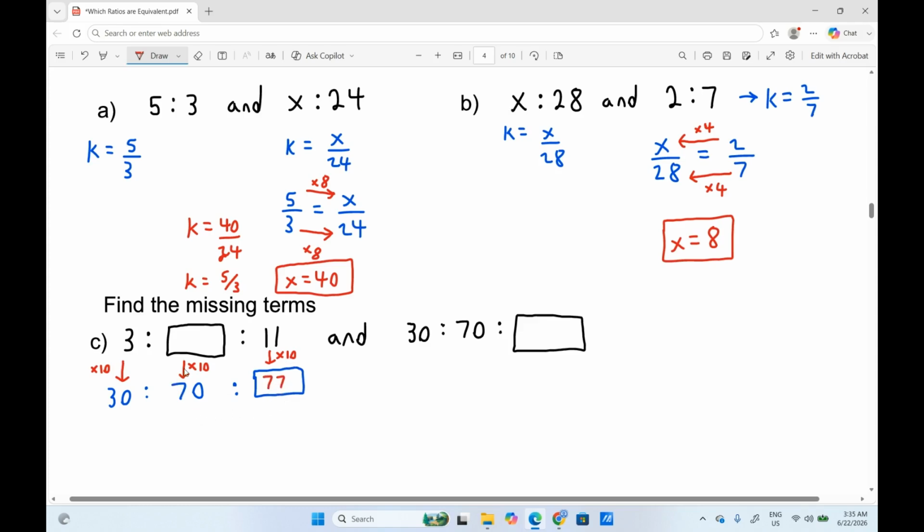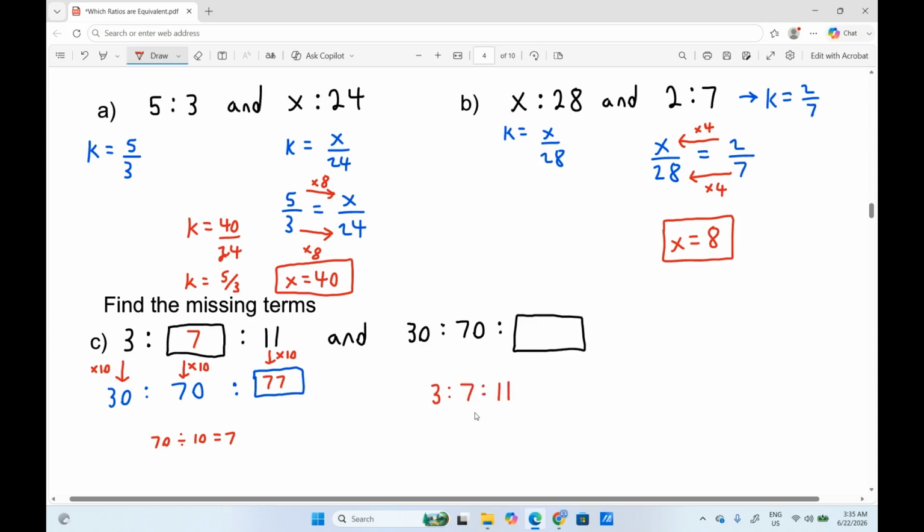Okay, now in this case, we can work backwards. What number can I multiply by 10 to get to 70? Or in this case, let's work backwards. 70 divided by 10 is 7. So this must be 7. So that means my missing terms are going to be 7.